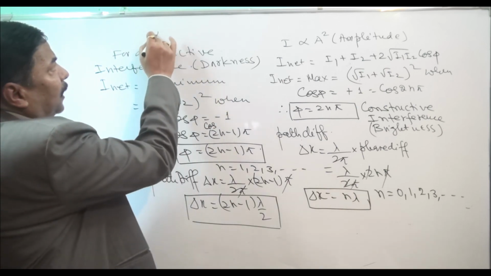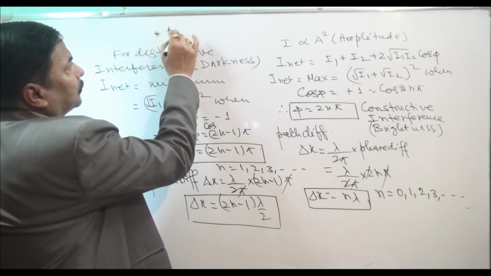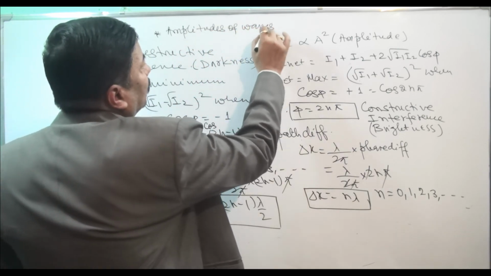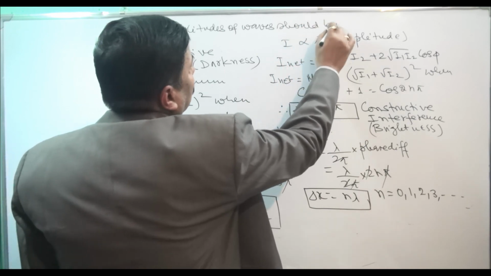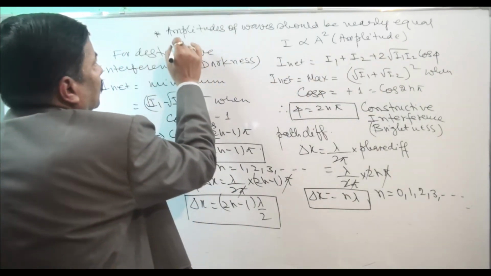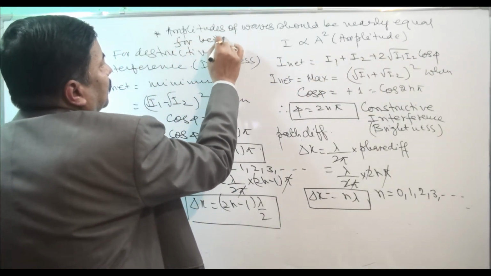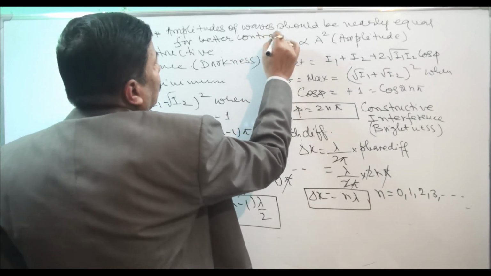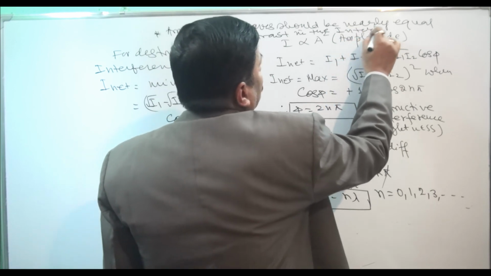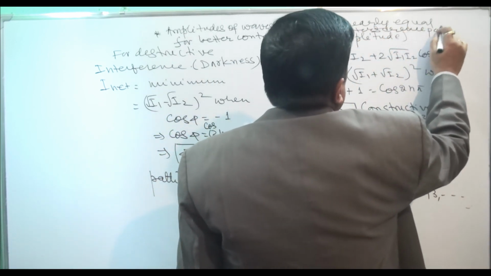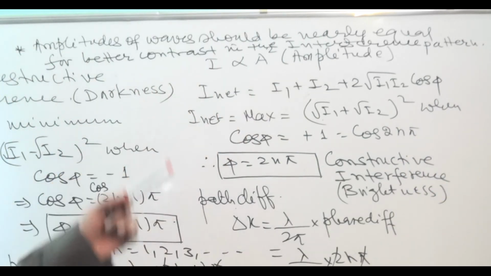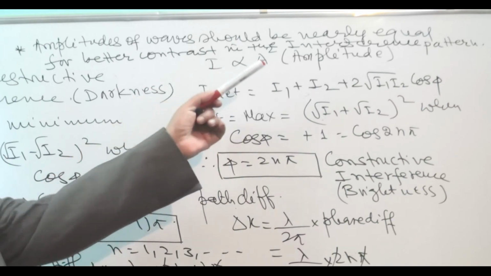So I am writing it here: the amplitude of the waves should be nearly equal for better contrast in the interference pattern.